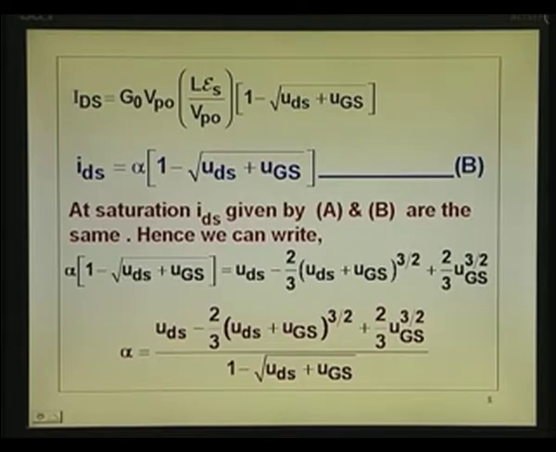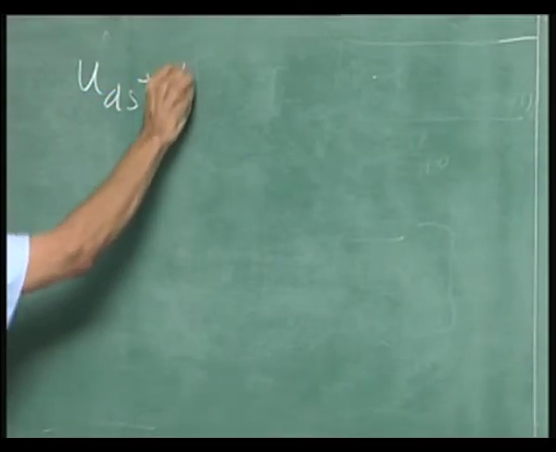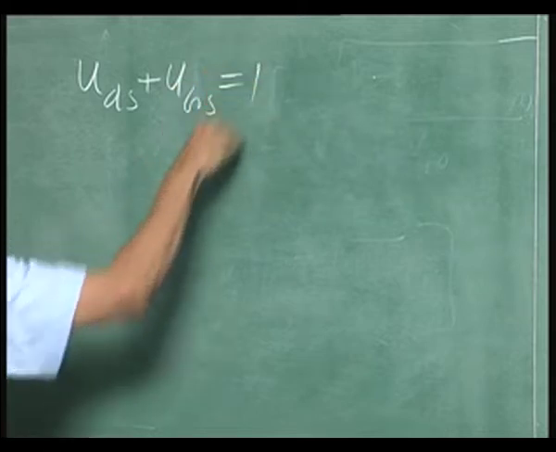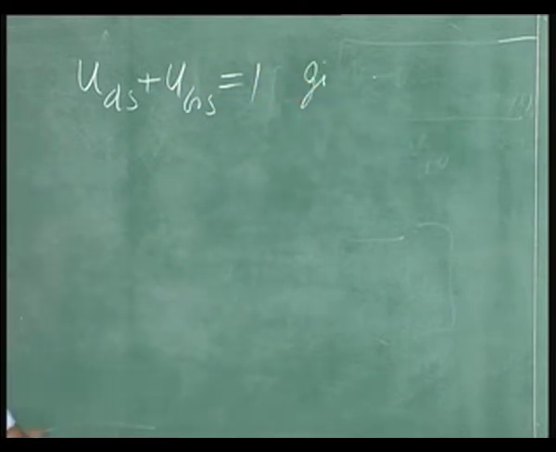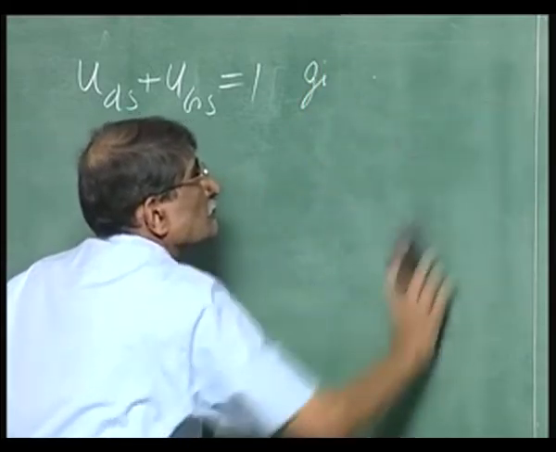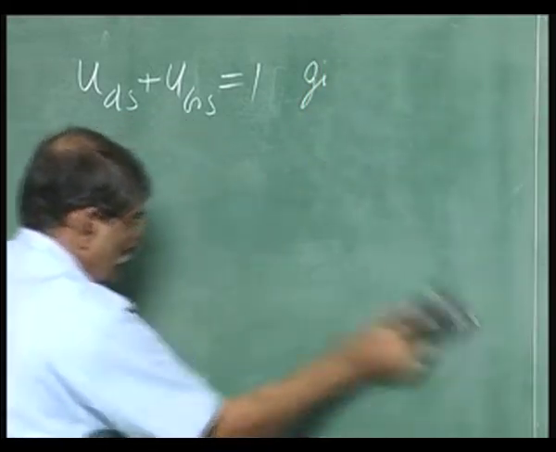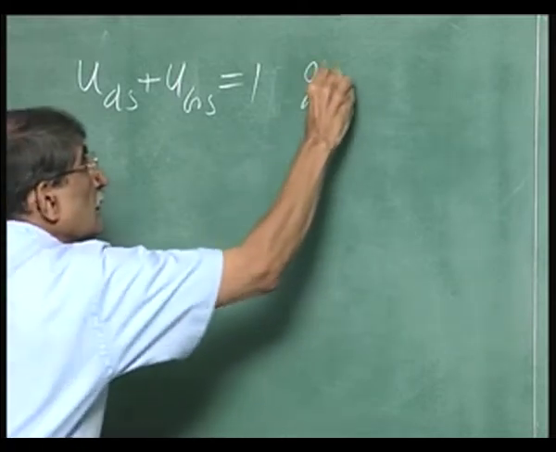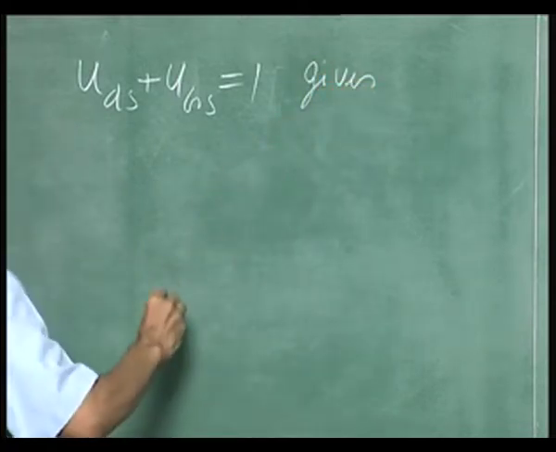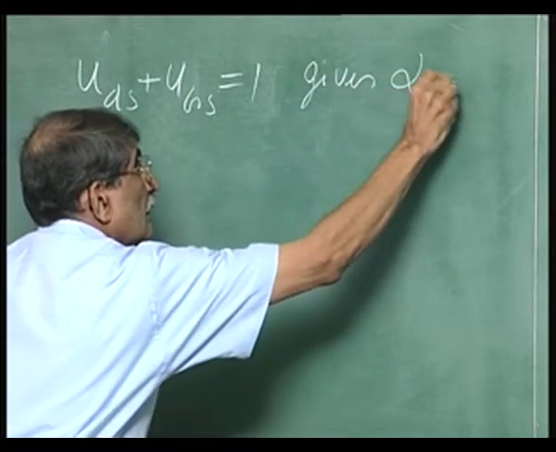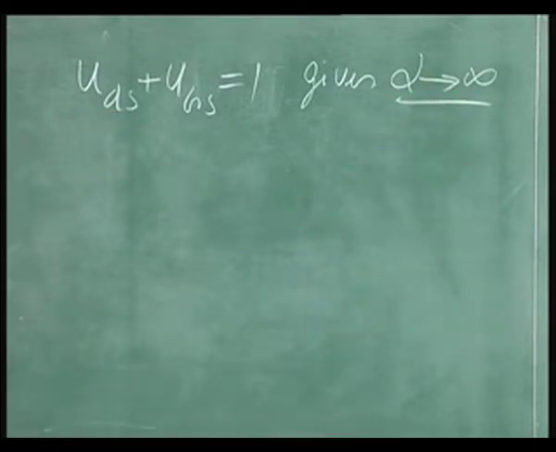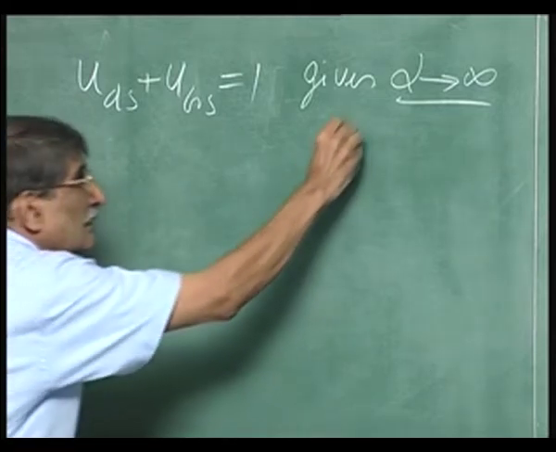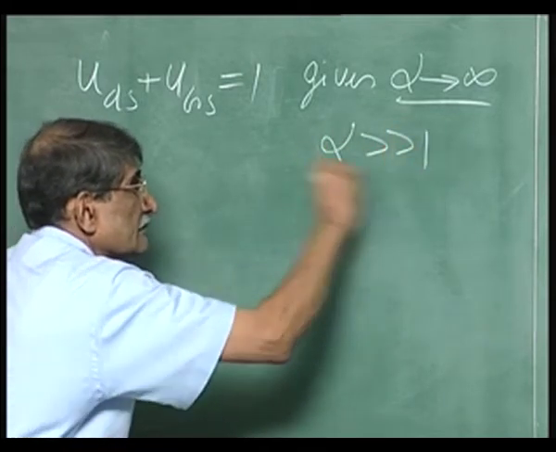So, UDS plus UGS equal to 1 gives alpha, actually alpha equal to infinity. I am putting alpha tending to infinity, or if you want to be soft on that, alpha is very much greater than 1.